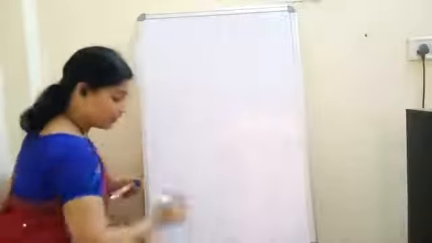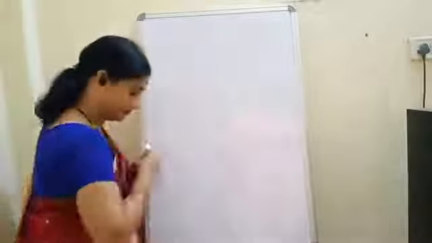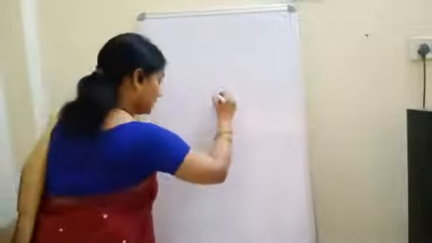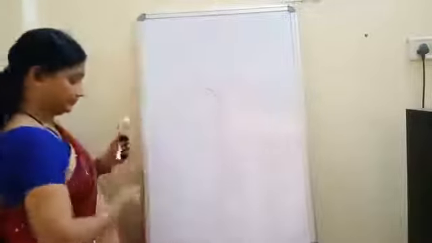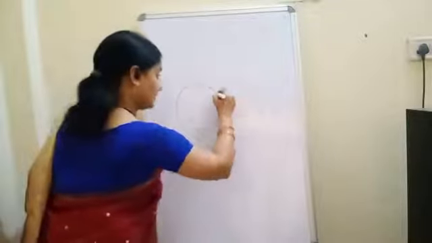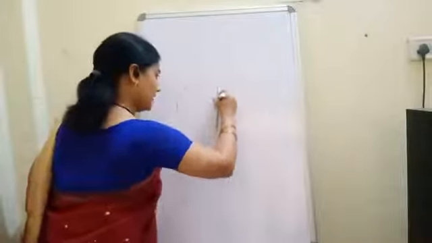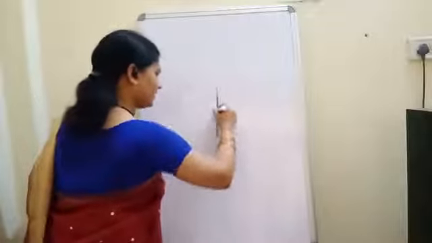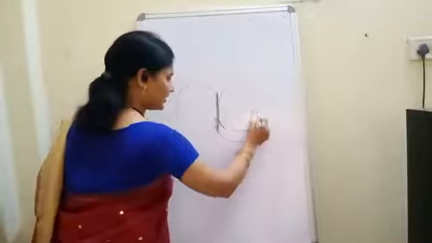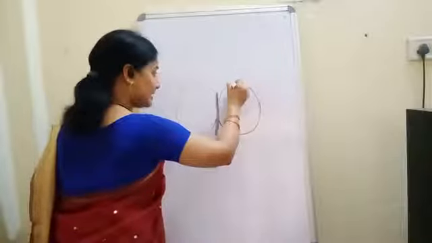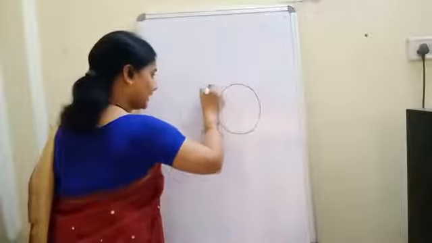Okay, now in between this is the embryonal axis. Embryonal axis is very thin. Most of the time we cannot see it. As soon as we swell the seed and try to open it, then they break.